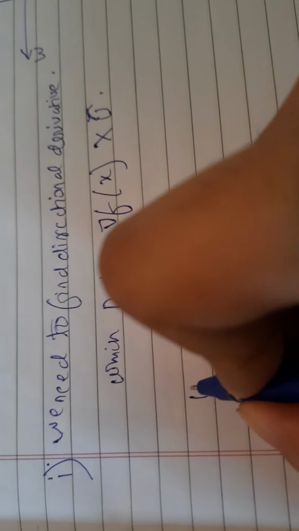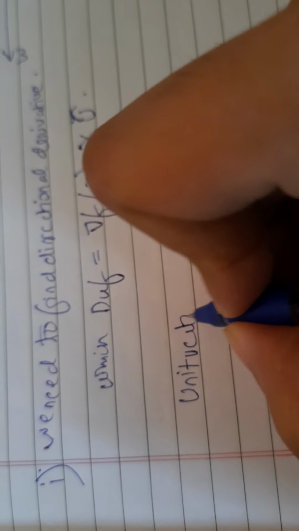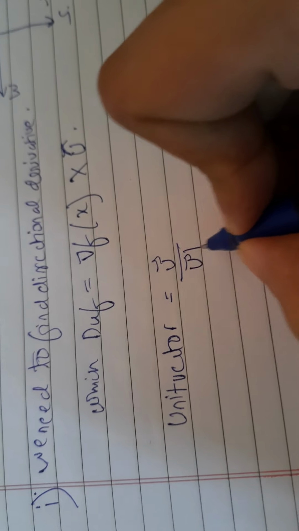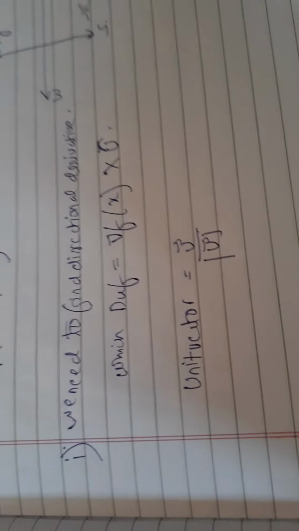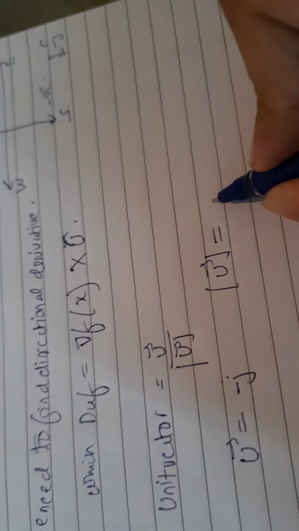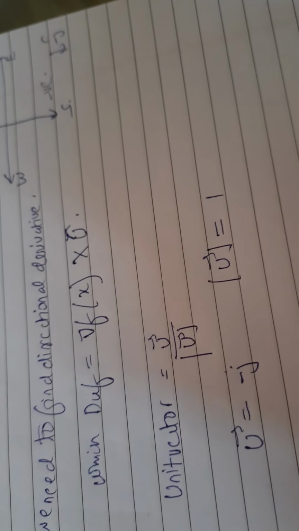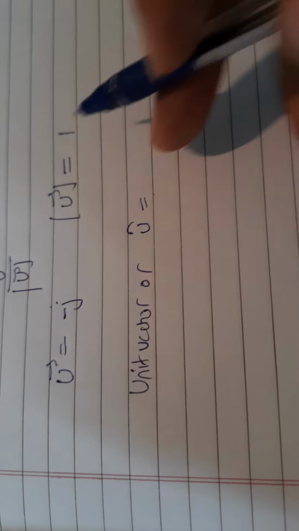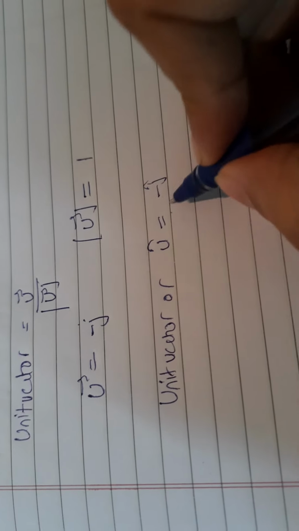So the unit vector is u upon mod of u. The direction of u is minus j, and mod of u is 1. So the unit vector u cap comes out to be minus j cap upon 1, which is equal to minus j cap.